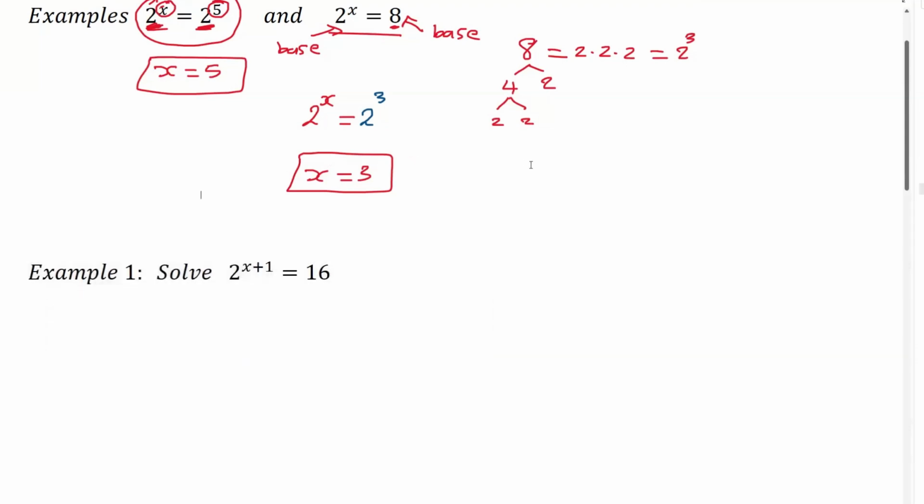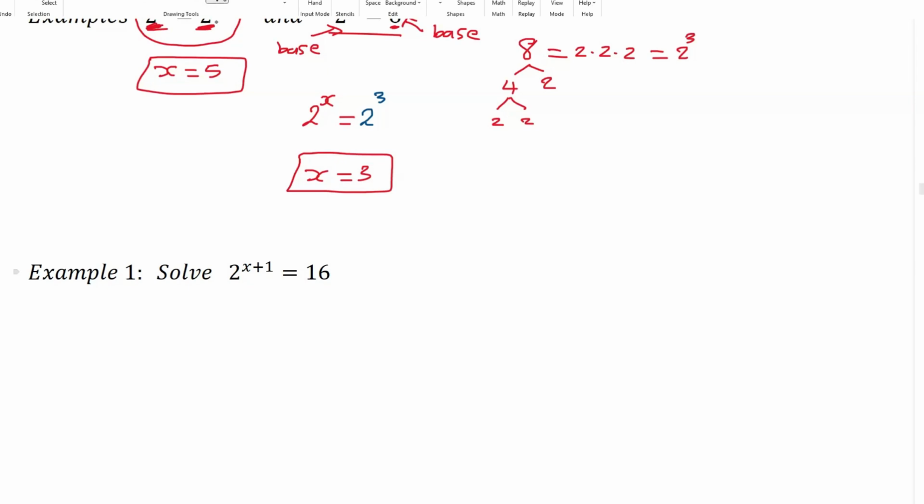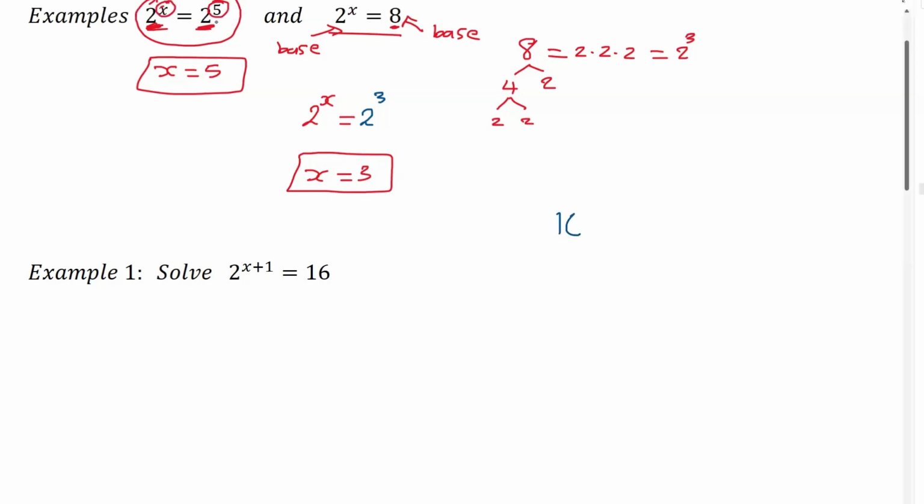Example 1 says solve 2 raised to the power x plus 1, which is equal to 16. Now we have to change the base 16 to base 2 because they must have the same base. So how can we rewrite 16? Well, you break 16 up into any two numbers you like.